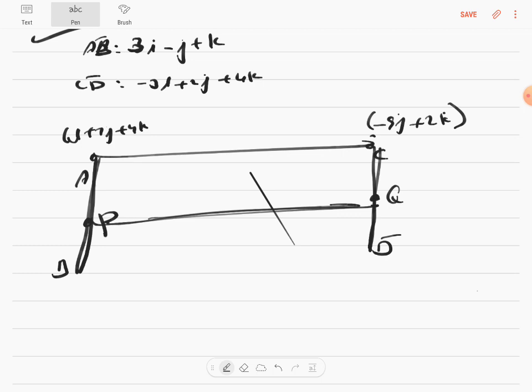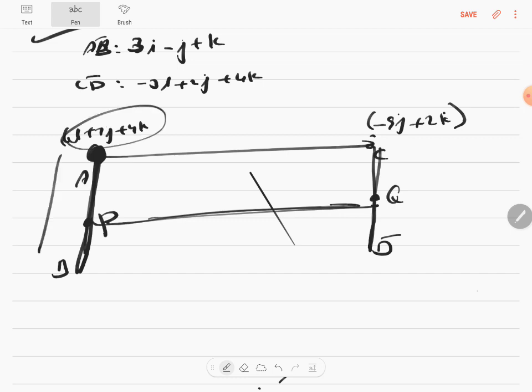The equation of the line AB passes through the point 6, 7, 4, and it will be parallel to AB vector. Yeah, this is an equation of the line passing through this point parallel to AB vector itself.